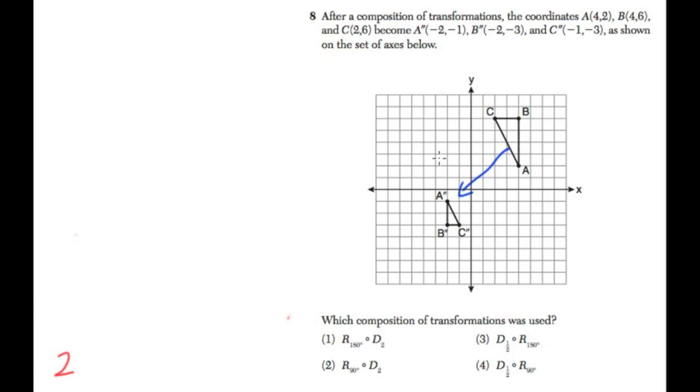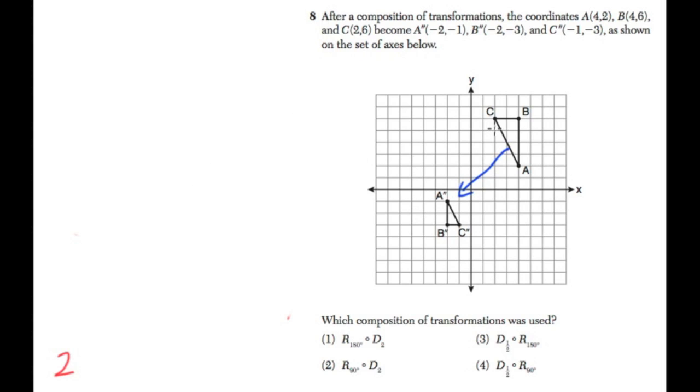So you know right away that a dilation is involved here. It's a dilation, and it's probably a dilation that shortens and makes the triangle smaller. So that's going to be probably a dilation of 1/2, but we'll have to see.